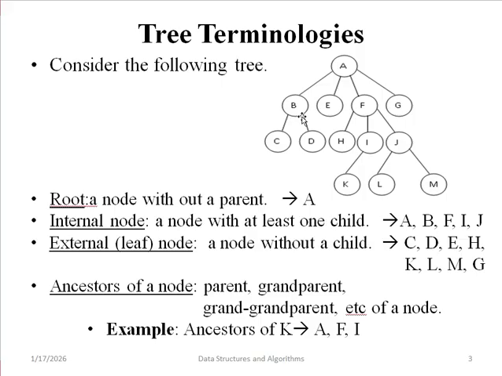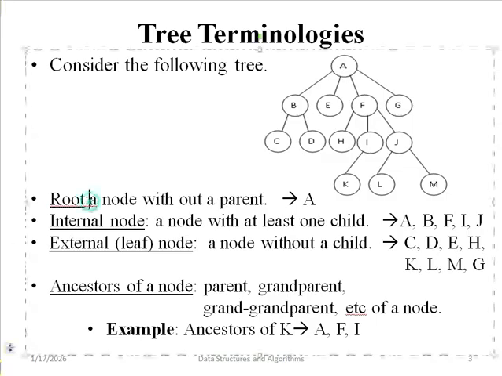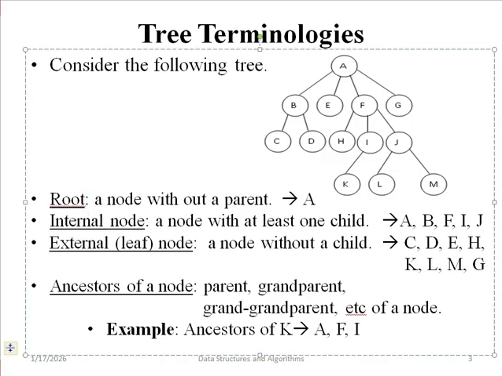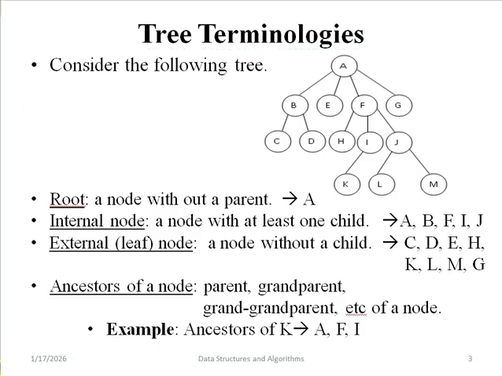So assume we have a tree structure like this one, a rooted tree. The root node is A. It is considered the root node because the others are connected to that node.